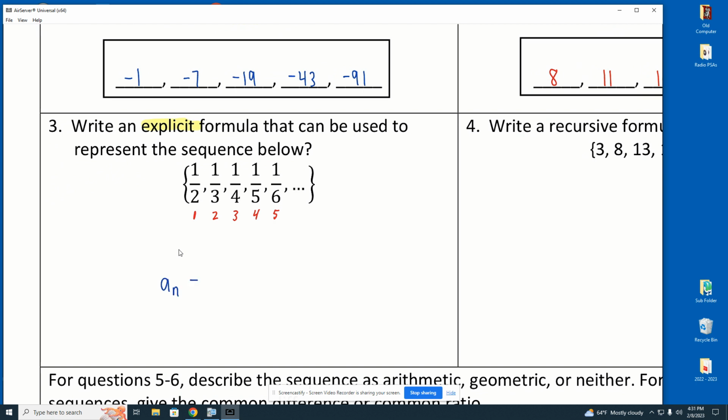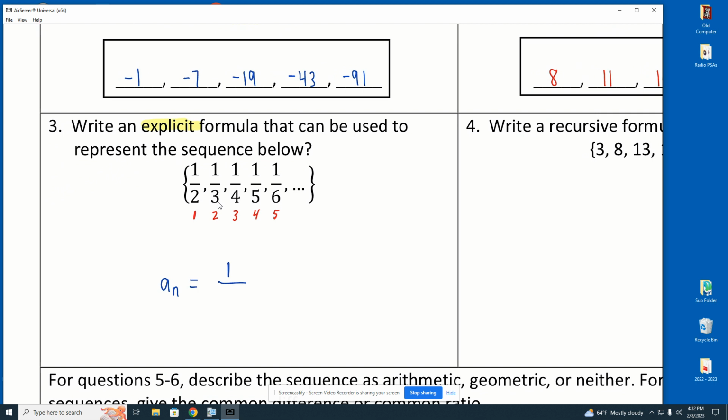So we want to write an explicit formula. A sub n equals. Now, let's just think. What do you notice? Every one of them is what kind of number? It's a fraction. So you know your explicit formula has to be a fraction. What else do you notice about the numerator? Every time the numerator is a 1. So I'm going to just write 1. That's got to make sense. Now look at all these denominators. For the first term, my denominator gave me a 2.